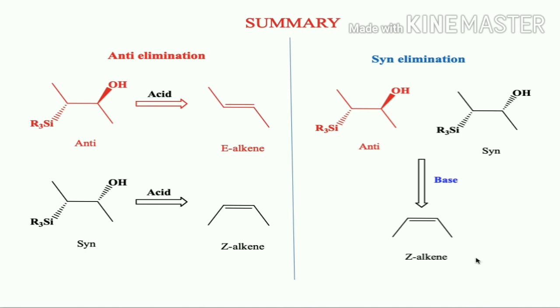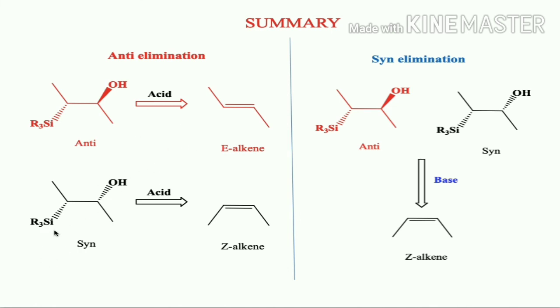So this is the summary regarding Peterson olefination. You need to remember anti-elimination and syn elimination, and also the starting material geometry, whether the groups are opposite or same. If they are anti, E-alkene will be formed with acid catalyst.